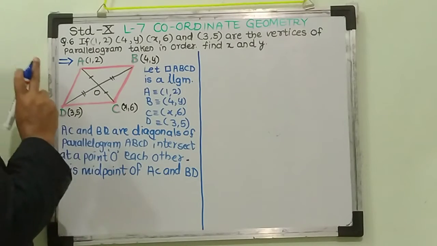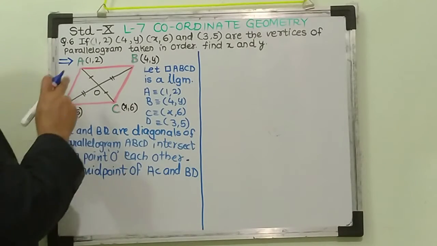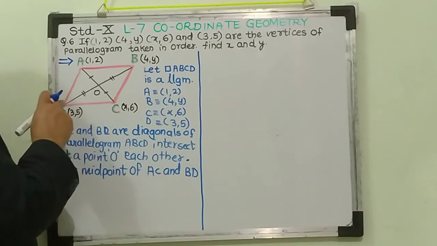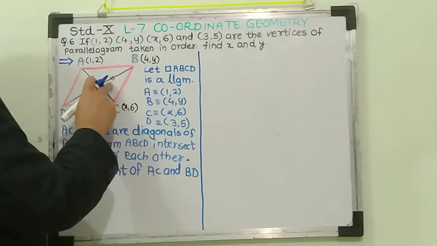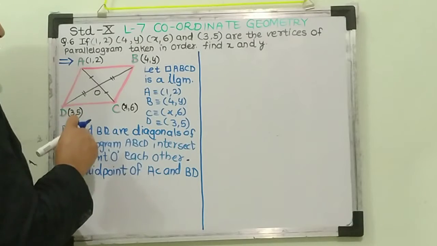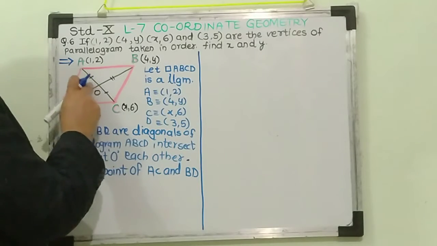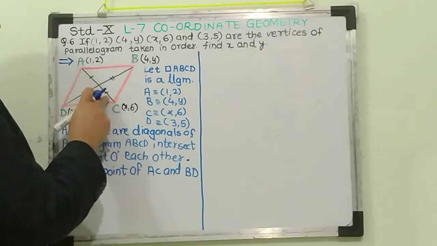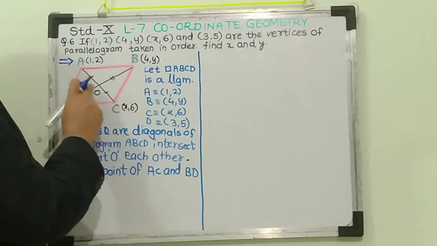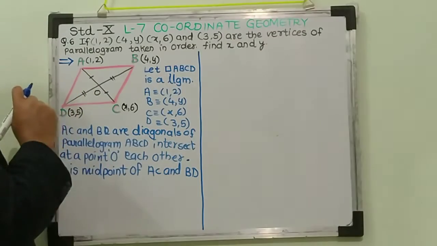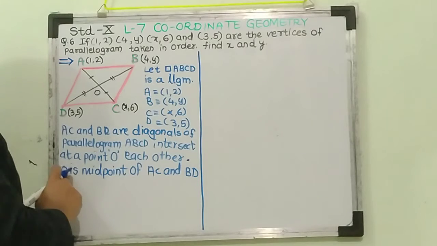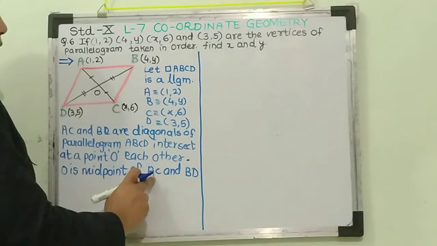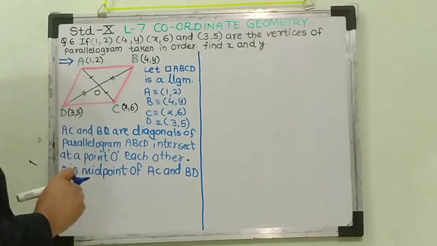We know the property of a parallelogram: the diagonals of a parallelogram bisect each other. It means the diagonal is divided into two equal parts at the point of intersection. So here we get O is the midpoint of AC as well as BD.